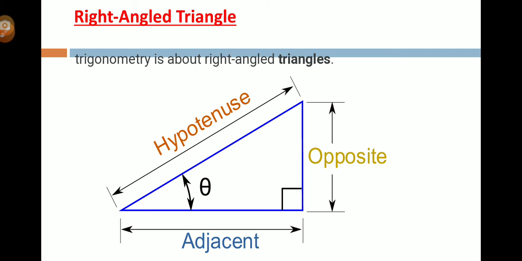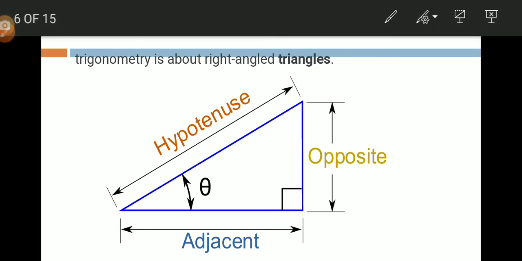A right angle triangle, also called a right triangle, is a triangle with a 90-degree angle in it. The little square in the corner tells us it is a right angle triangle.